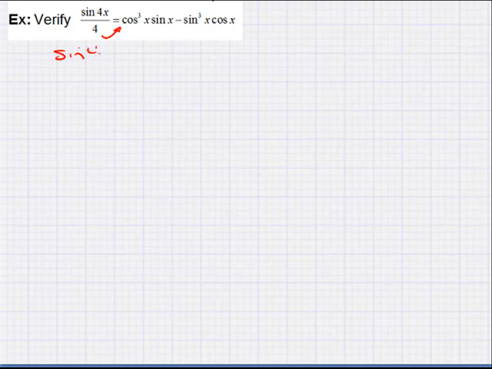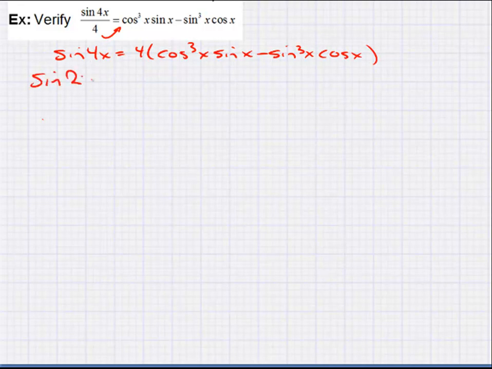So I'm going to have sine 4x equals 4 times cosine cubed x sine x minus sine cubed x cosine x. So I'm going to write the sine of 4x as the sine of 2x times 2.